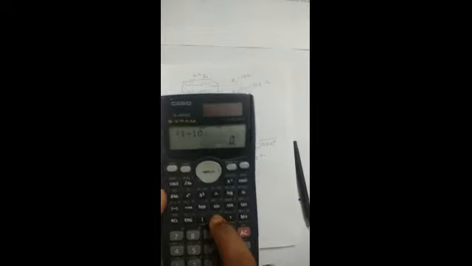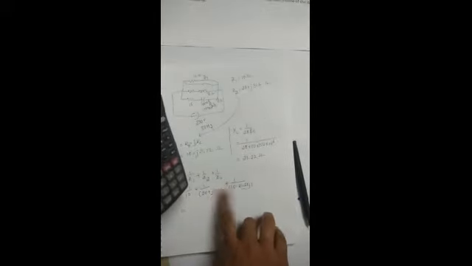To do this, 1 divided by Z1, that is 1 by 10, plus 1 by Z2, 1 by Z3. Make it in brackets. Be careful, the second and third terms are of complex form.